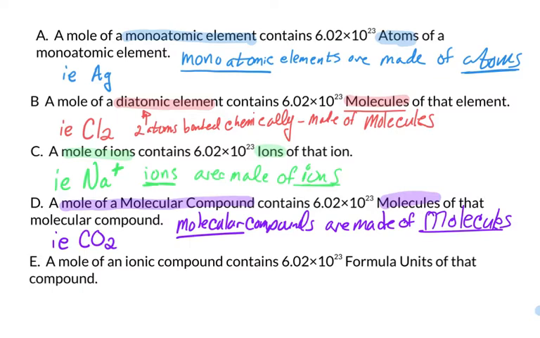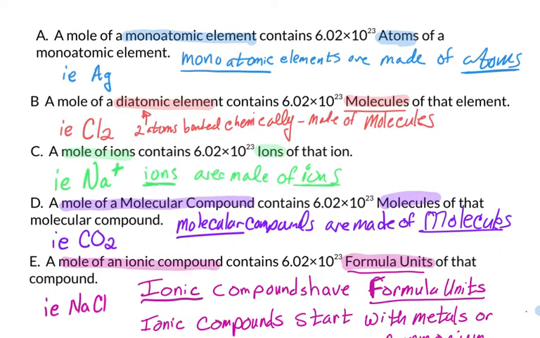And letter E. A mole of an ionic compound contains 6.02 times 10 to the 23rd formula units of that compound. Now this was a little bit unusual. We put formula units. When you have an ionic compound, and again, you know it's ionic because it starts with a metal or ammonium, but once you know you have an ionic compound, we know that we're going to be using the term formula unit. So formula unit is specific to ionic compounds.